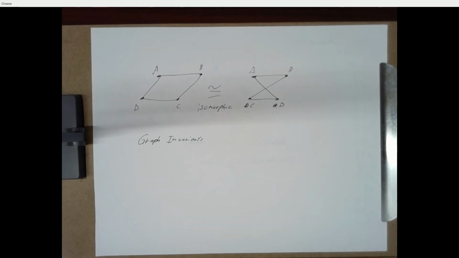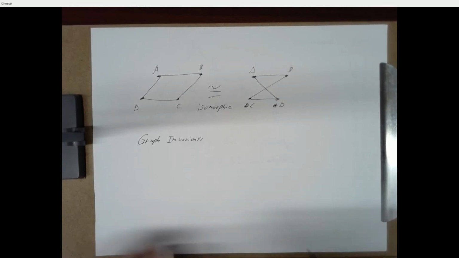A graph invariant is something about a graph that does not change among isomorphic graphs. For example, this graph on the left has 4 vertices. No matter how we stretch it or move things around, it's always going to have 4 vertices. So one graph invariant is the total number of vertices in the graph. Similarly, another invariant is the total number of edges.